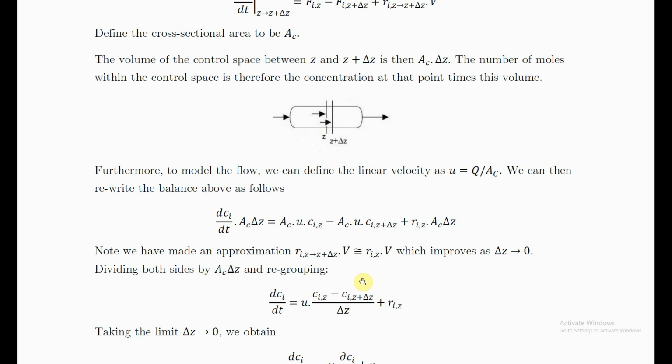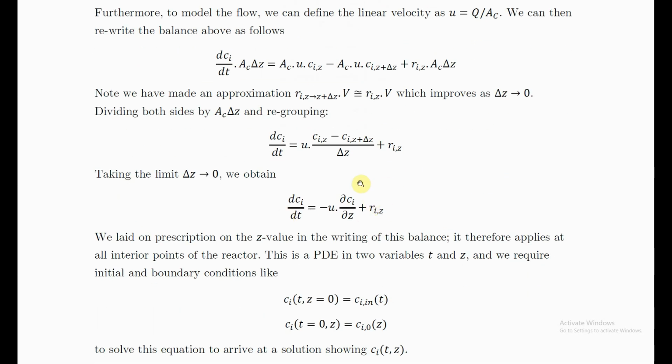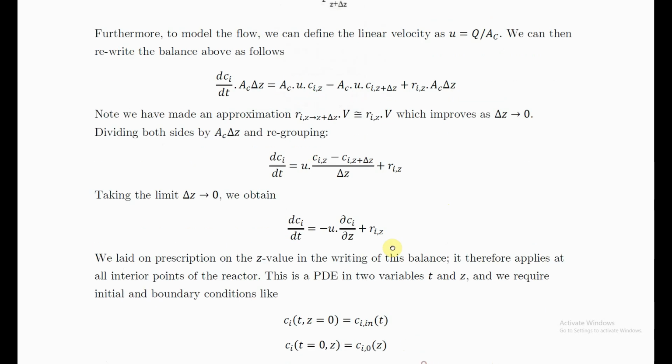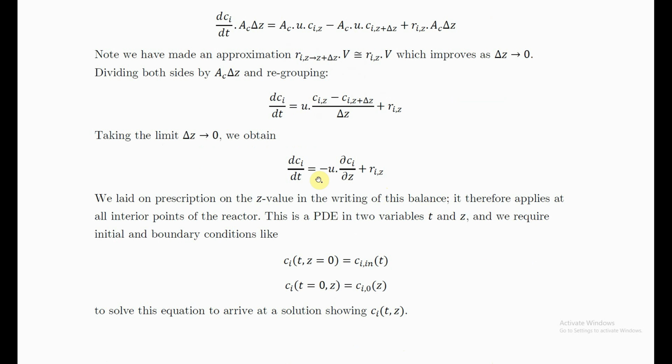And so this PDE describes fully the fluid across the whole tube. So that tells us that if you solve this equation, then you will know how the concentration varies across this tube. Right, so that's great. That means we have the material balance now for our plug flow reactor.